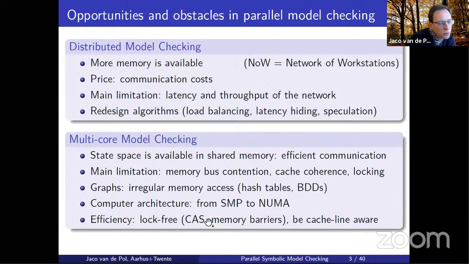And then if you start looking into the details, if you have many processors, like a machine with 64 processors, then typically it's not a symmetric multiprocessor machine anymore, but it gets some kind of a non-uniform architecture. And we are actually quite close now to the distributed memory model, except that you don't see it as a programmer. And then to do everything efficiently, we try to program in a lock-free style using compare-and-swap operations, be aware of memory barriers, and be aware of the cache line.